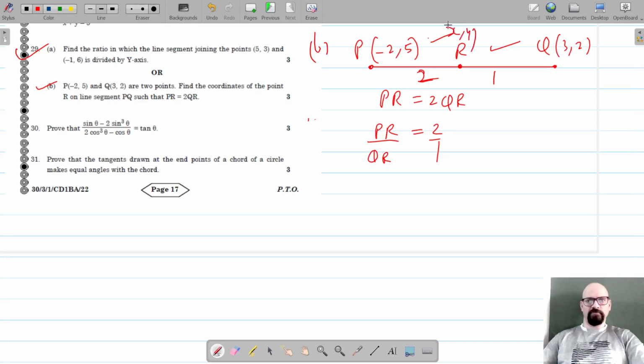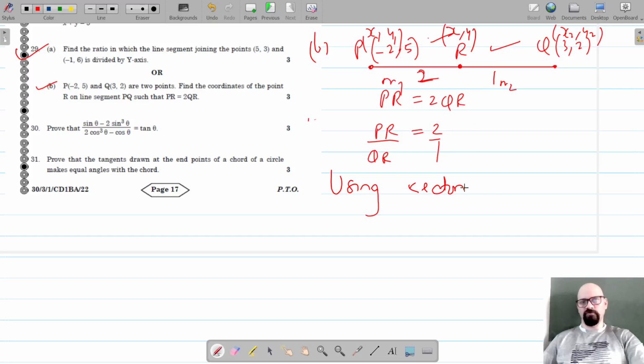So let the coordinates of the point R be x comma y, and these be x1, y1, and these be x2, y2. We are going to use the section formula once again, and we have got the ratio m1 is to m2, that is PR is to QR, 2 is to 1.